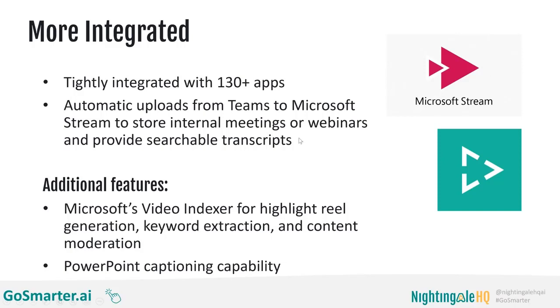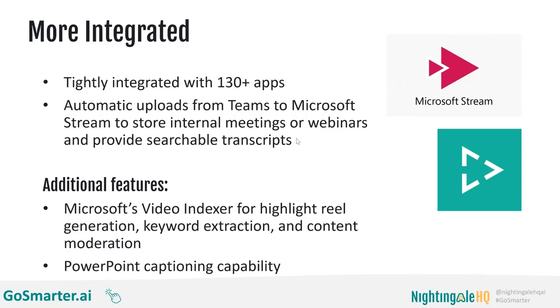Beyond Microsoft Teams, the GoSmarter Productivity tool introduces you to Microsoft's Video Indexer, which is a very powerful product. You upload a video to it and it extracts the topics of the video. It figures out which people are in the video. It gives you a translated transcription of the video and is able to do things like content moderation and create a highlight reel for you.